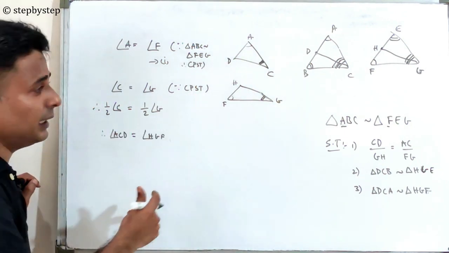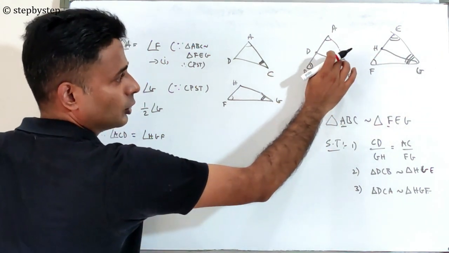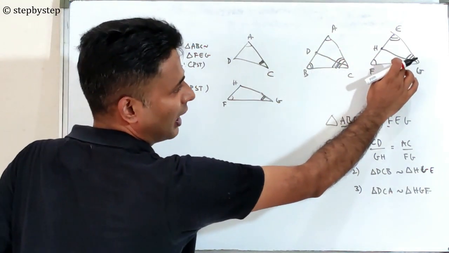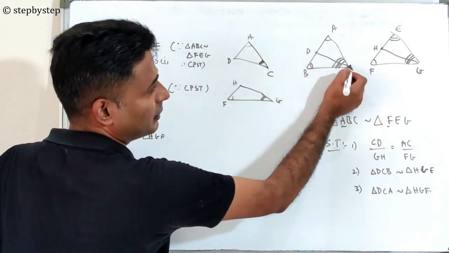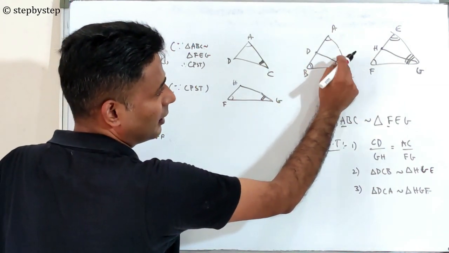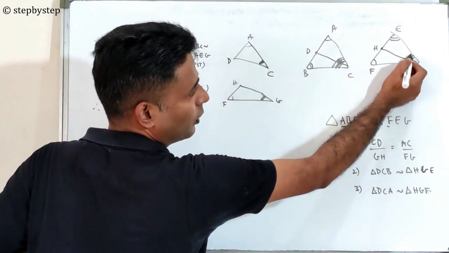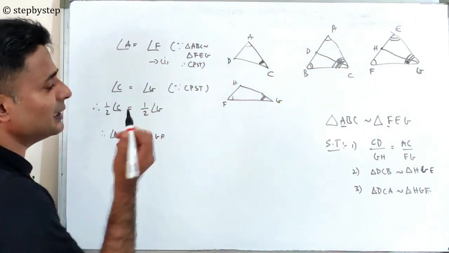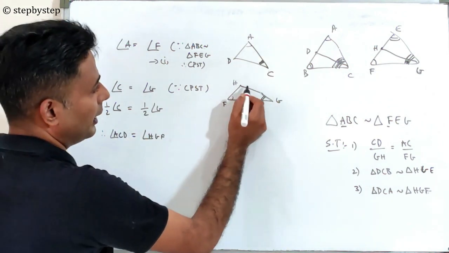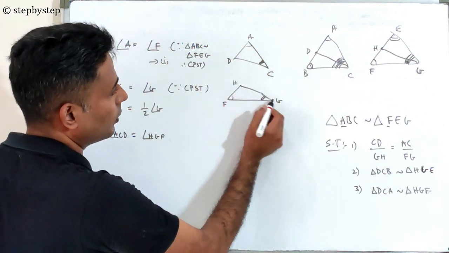Why? Because this is an angle bisector. Since this is an angle bisector, this angle will be equal to this angle and this angle will be equal to that angle. So half of C is equal to half of G. Therefore angle ACD is equal to angle HGF.